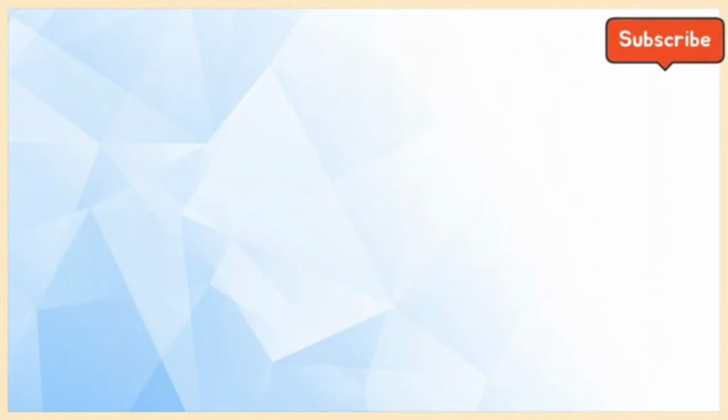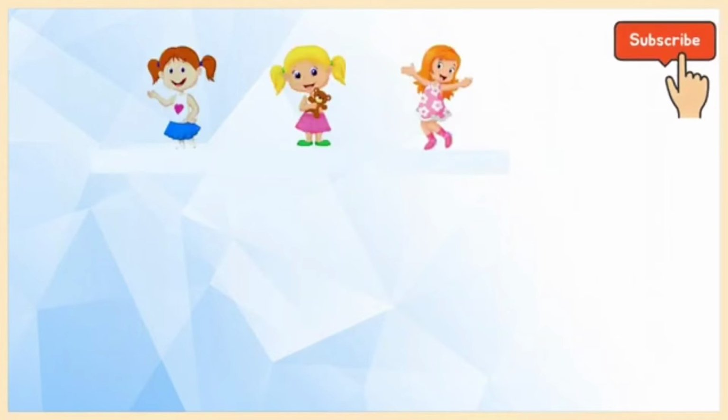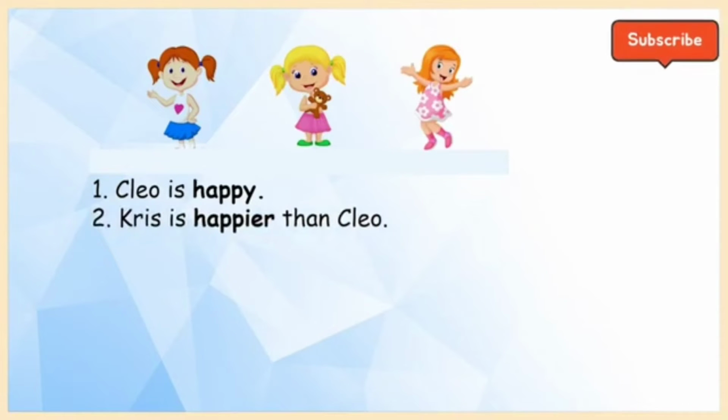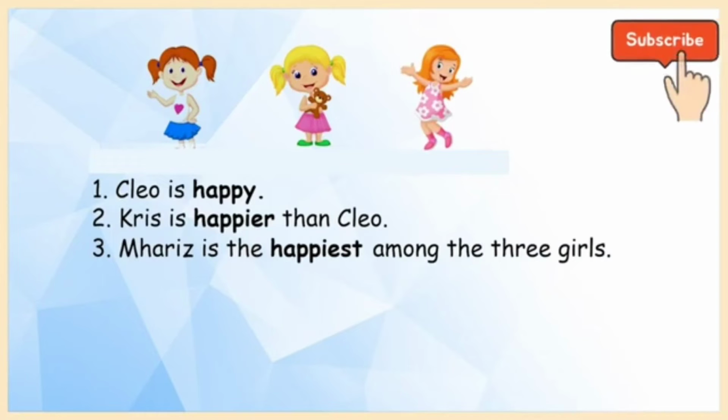Let us compare these three rules. Read the sentences. Cleo is happy. Kris is happier than Cleo. Maris is the happiest among the three girls. In sentence 2, for comparative degree, what is added to the word happy?